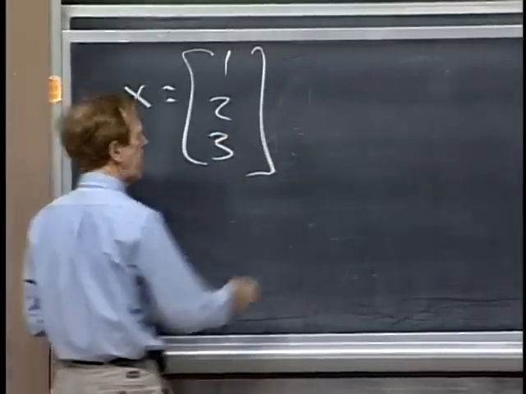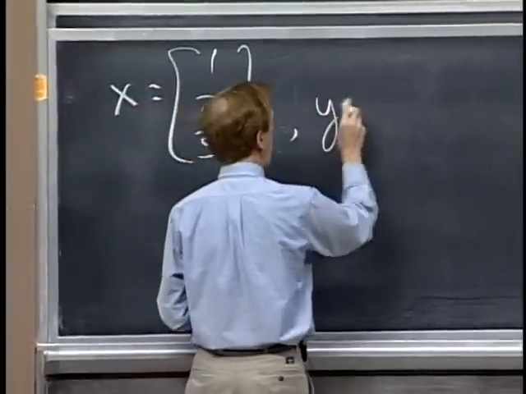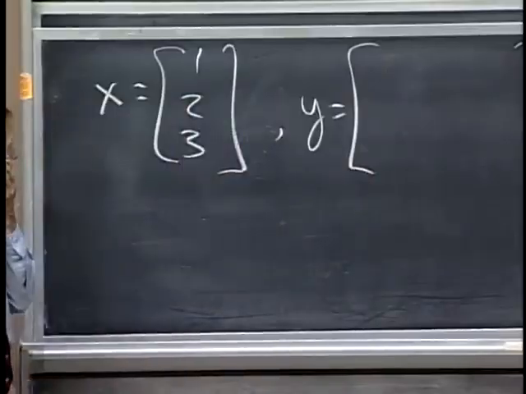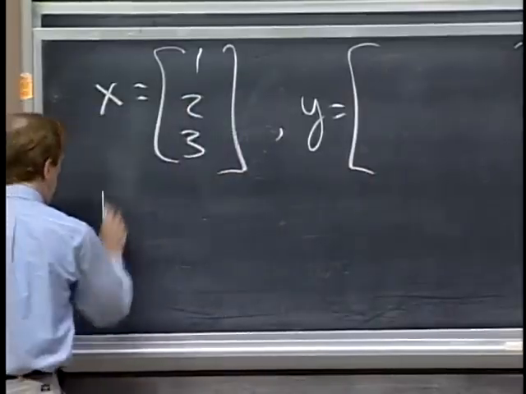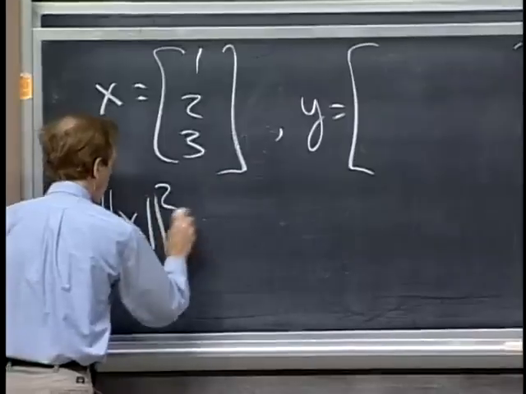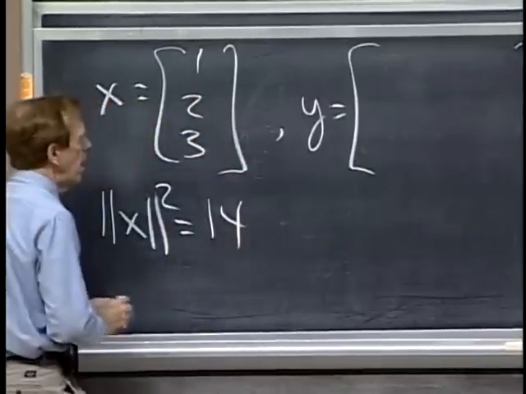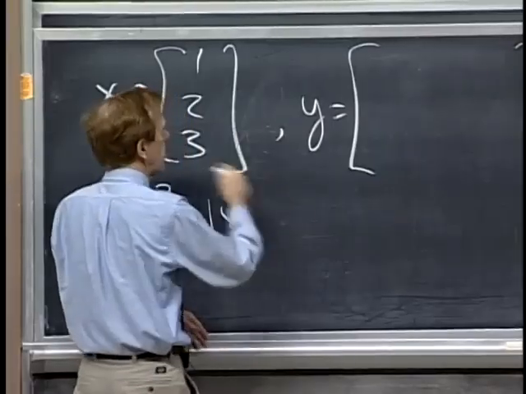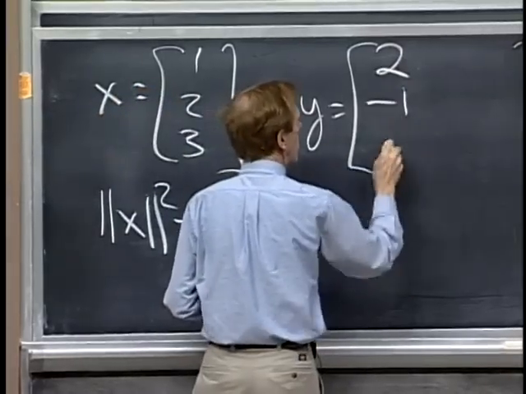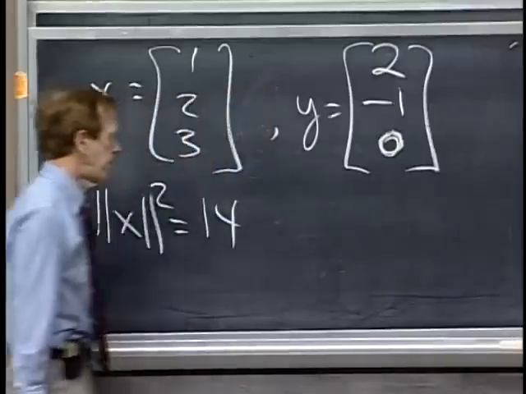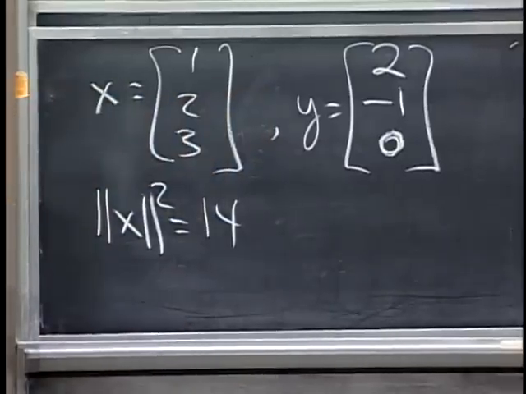Let me cook up a vector that's orthogonal to it. So write down here, x squared is 1 plus 4 plus 9, 14. We'll get, right, that those two vectors are orthogonal.